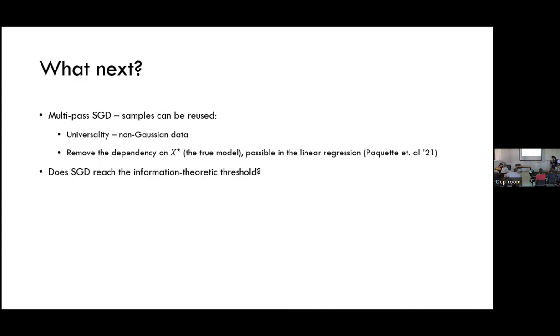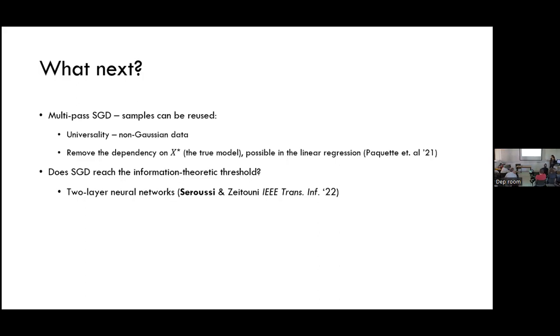Another question that I'm particularly interested in is about the information theoretic threshold. SGD is just one algorithm to solve this teacher-student problem, but you can try to find other algorithms. In particular, something that people do in the context of information theory is to try to find what will be the error for any algorithm.